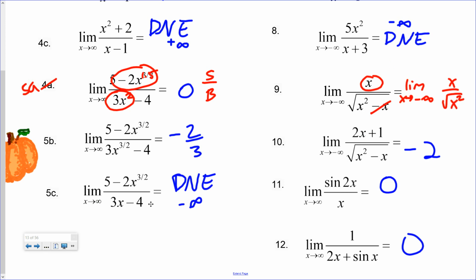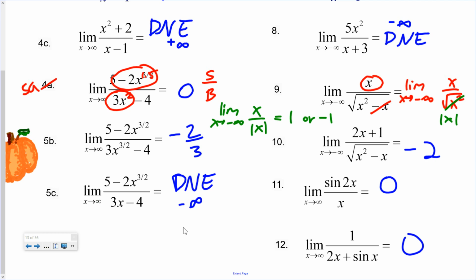But what is the square root of x squared? X absolute value. So what I'm going to do is I'm going to replace this with x absolute value. So really what I have is a limit as x goes to negative infinity of x over x absolute value. And I'm going to tell you that answer is either 1 or negative 1, and you have to figure out which one it is. Can you do that? Can you go from there? Okay, what is the answer, guys? Negative 1. All right. What other questions do you guys have?